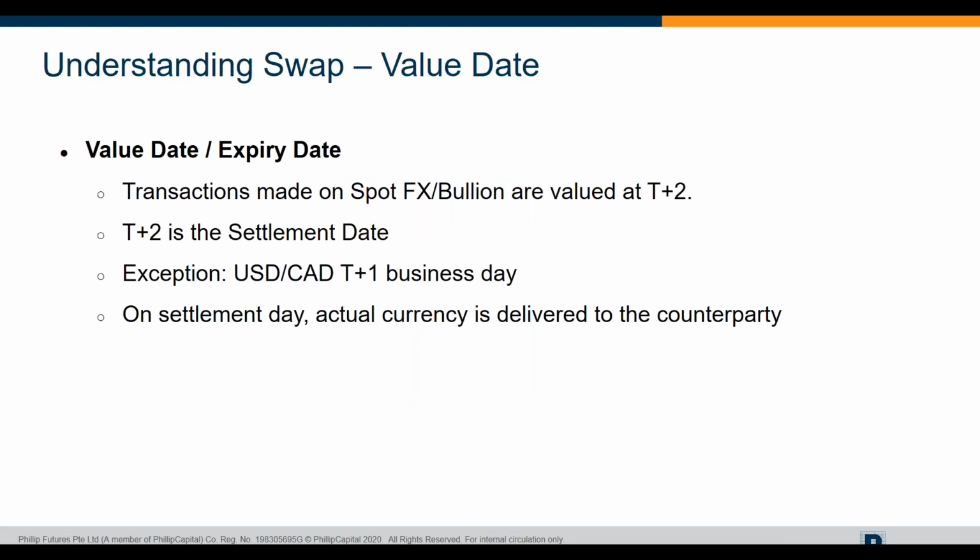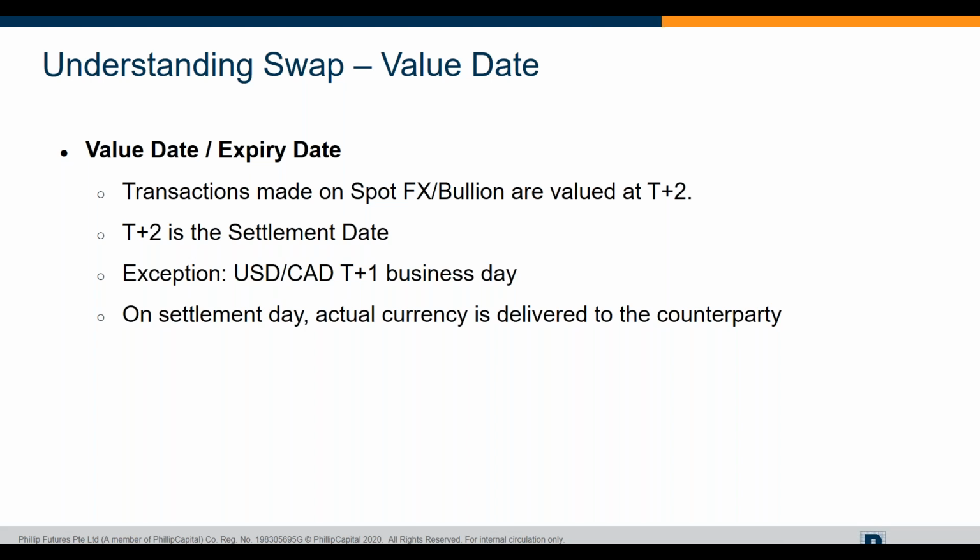Before we go into swap, we need to know the concept called the value date. Any transactions made on spot Forex or bullion, which is gold and silver, are valued at T+2. That means if you trade today, the settlement date will be 2 days later. This is because different banks across different parts of the world need time to process the transaction.